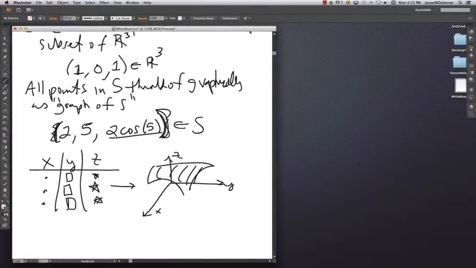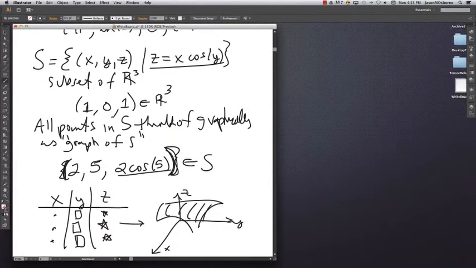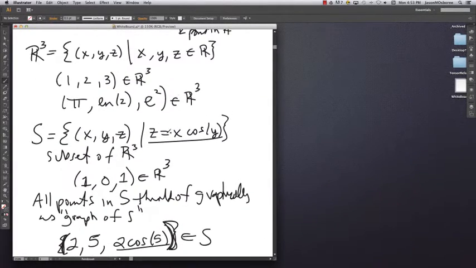I'm more interested in whether you understand that when you see this function, Z is equal to X cosine of Y, you can think of this as an explicit function that you can use to make a subset of R3.